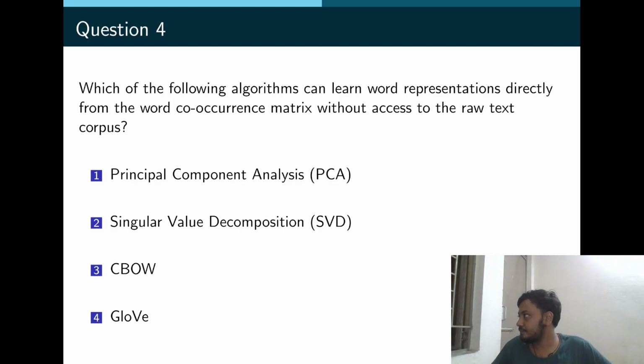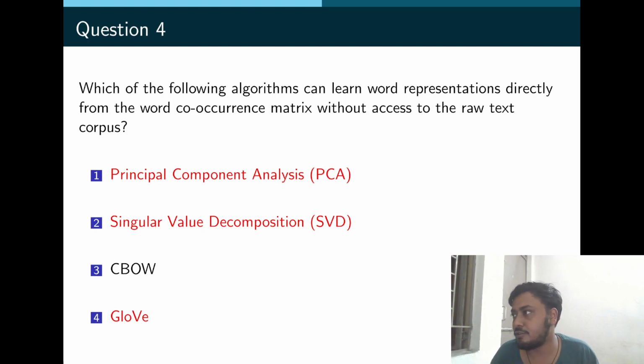I think we need raw matrix for this CBOW. Yes, you are correct. All the other ones can work directly from the word co-occurrence matrix. But CBOW, as you have seen in the previous question, needs all the words in a context.